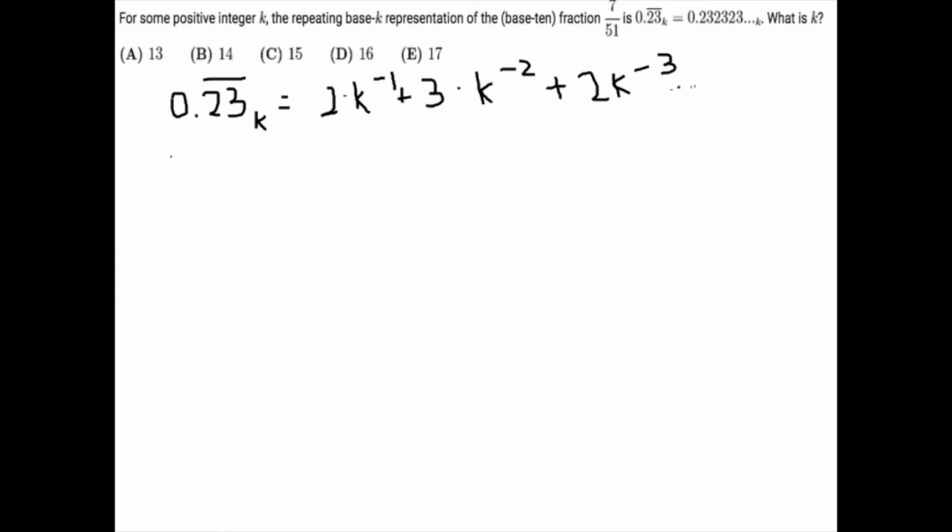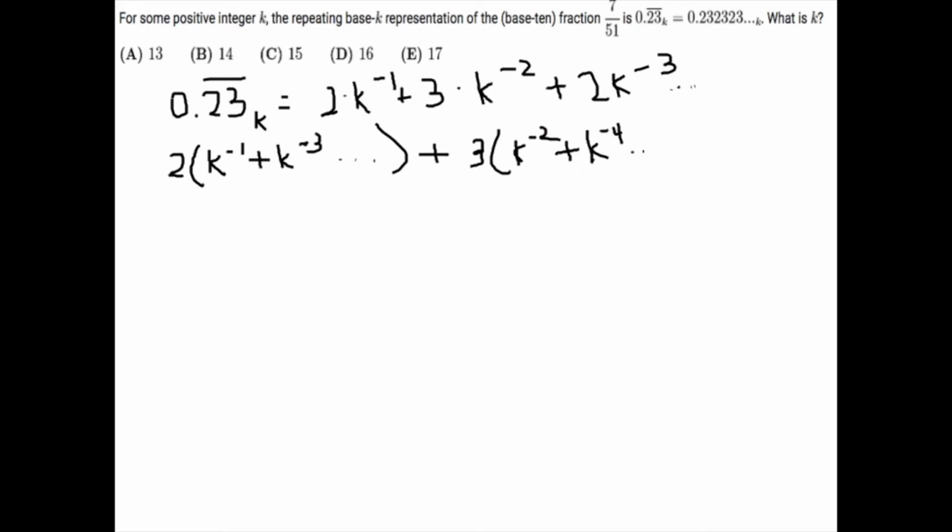Well, let's group the factors of 2 together and group the factors of 3 together. So here we'll have, after this, k to the negative 5, k to the negative 7, k to the negative 9, etc. Here we'll have k to the negative 2, k to the negative 4, k to the negative 6, etc., right?